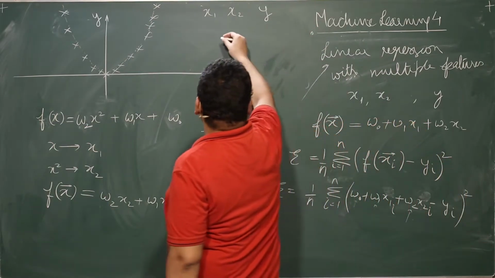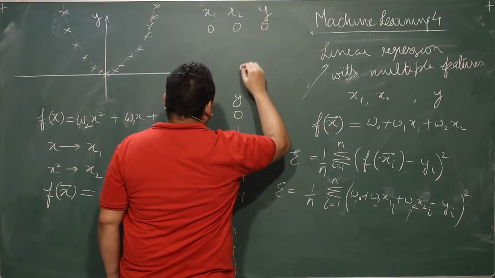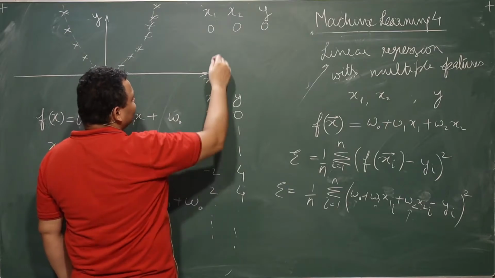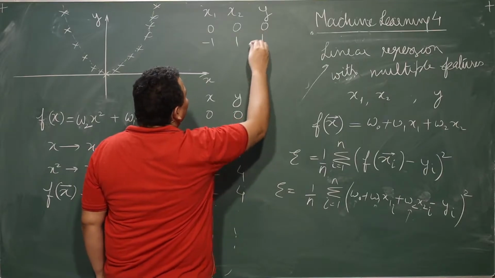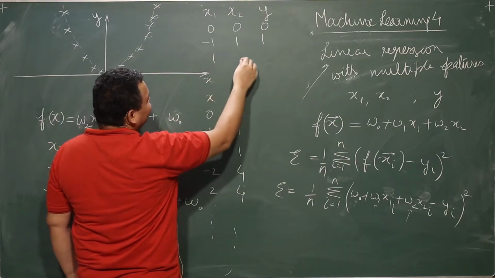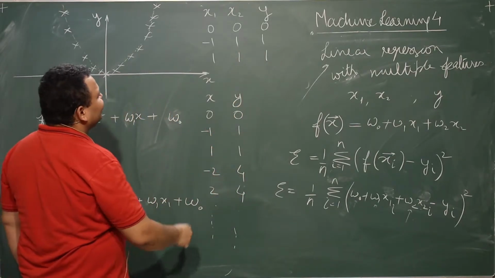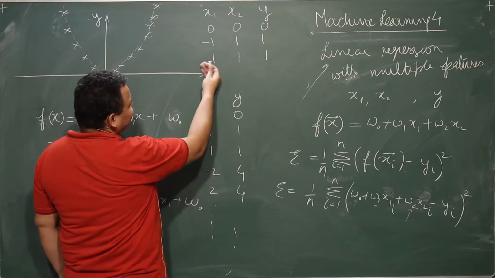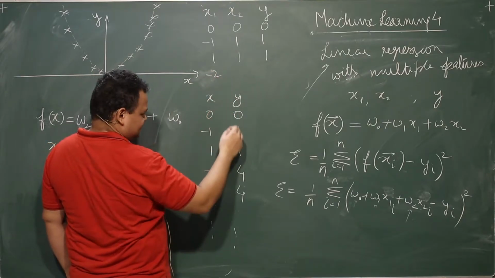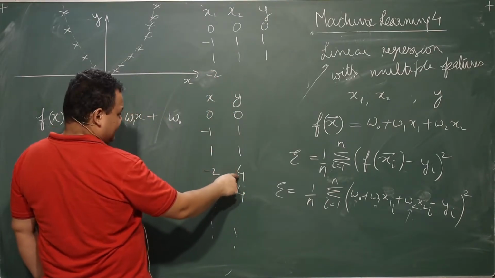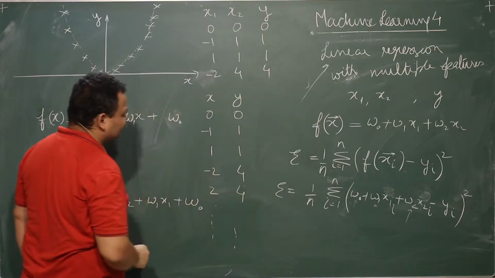What is the new problem? x1 is 0, x2 is 0, y is 0. x1 is minus 1, x2 is 1, y is 1. x1 is 1, x2 is 1, y is 1. If x1 is minus 2, x2 is going to be 4 and y is 4.